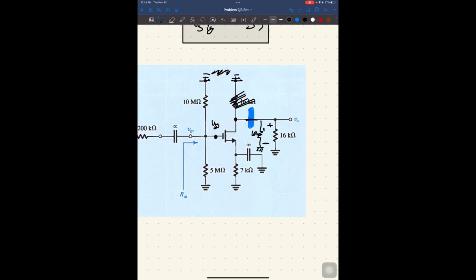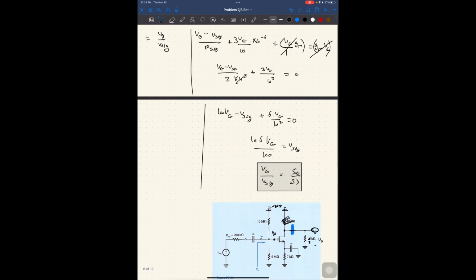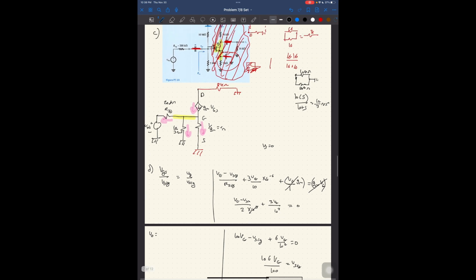Right? So the voltage across this and this is nothing but V out, which implies that V out is equal to the voltage across the 8 kilo ohm resistor, and I just have to find the voltage here. And so what is the voltage in this case, given the output?